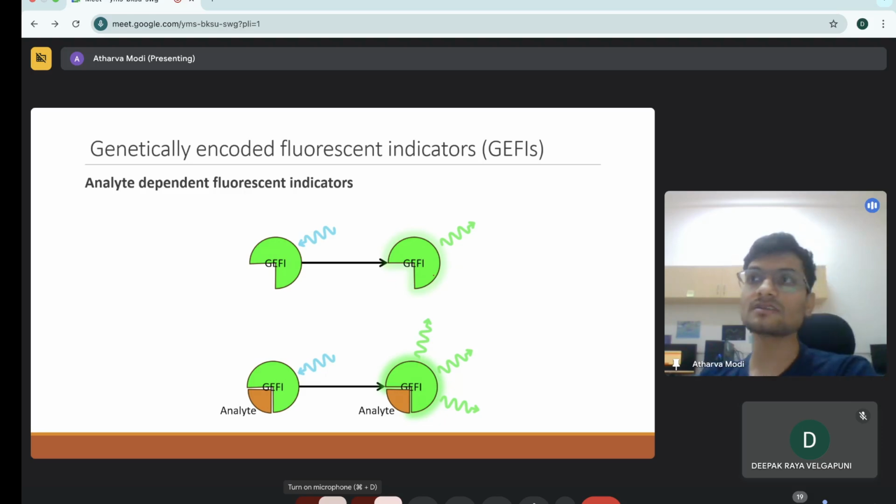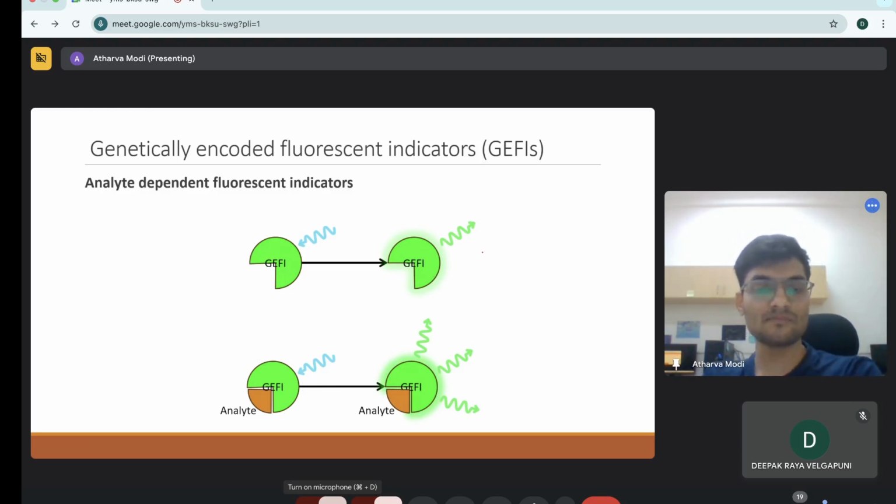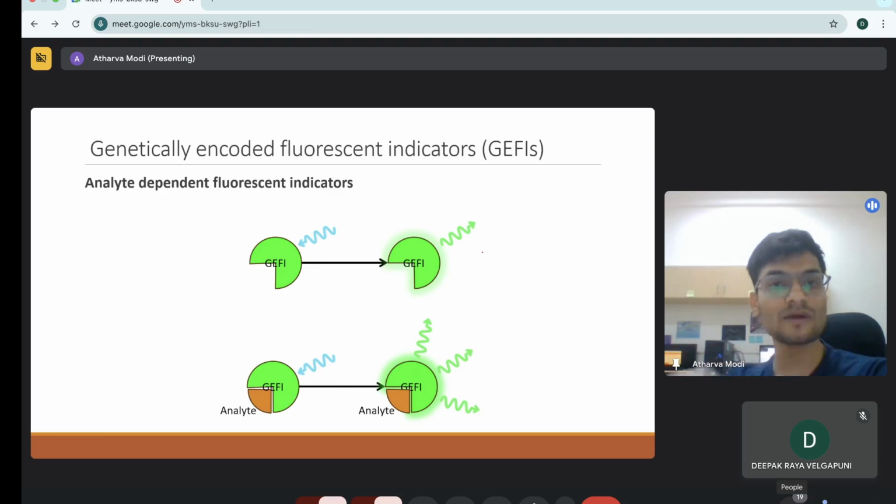So what Himanshu suggested was that the wavelength should change, but what people have achieved in the field of molecular biology is to create genetically encoded fluorescent indicators which don't change wavelength, but which change the intensity of emissions based on the analyte's presence or absence.